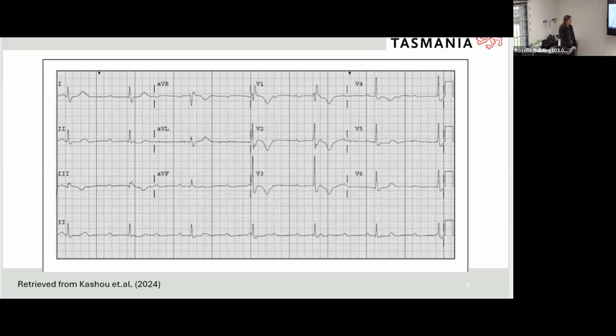So what's our next step beyond the rate? What do we need to calculate next? Regularity. This is just the regularity of our QRS complexes.